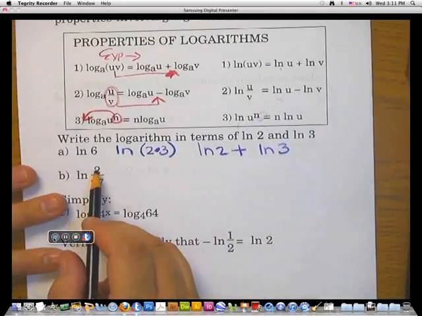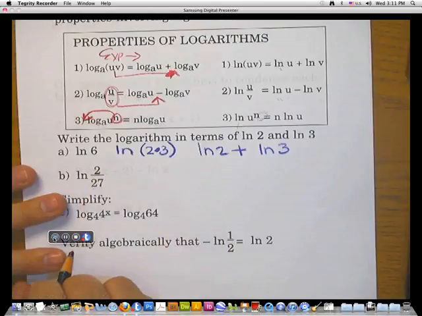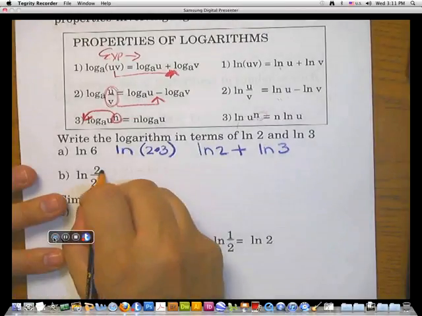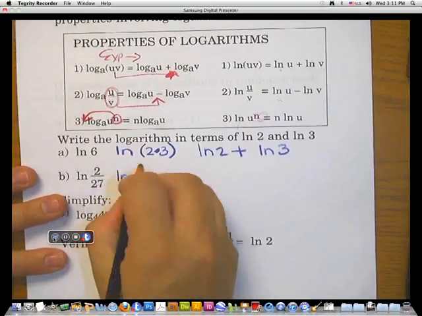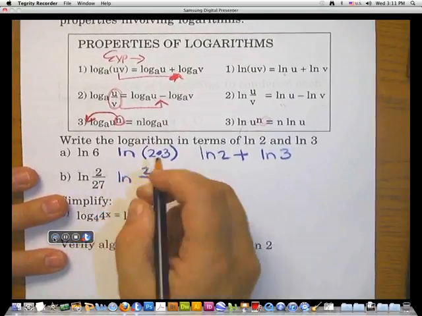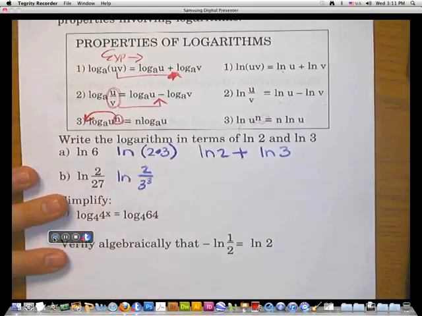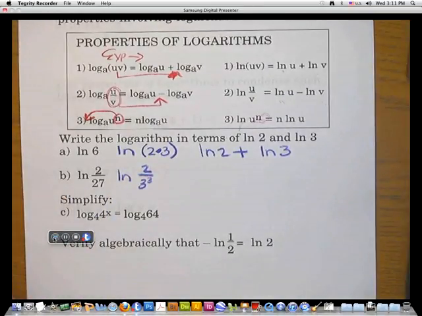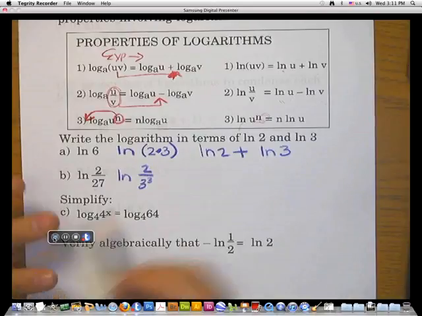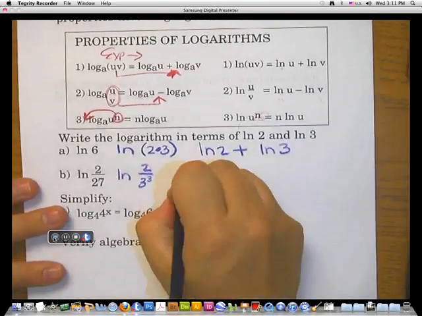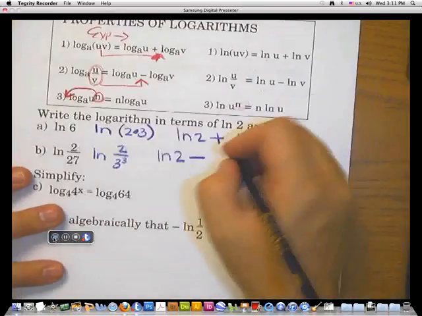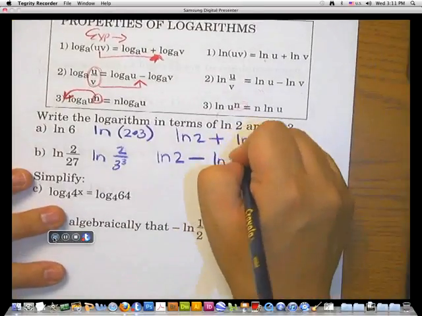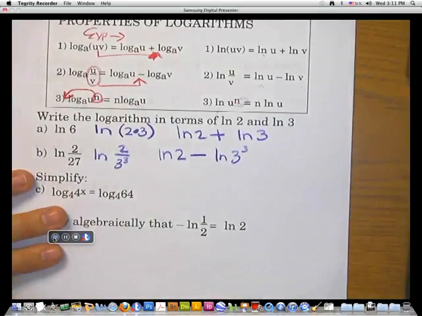Well, if it's 2 times 3, then I can separate them or expand it with addition. Here I have 2 divided by 27. Well, I already know what 2 is because it's given to me. So 27 I need to rewrite. Hopefully we should know that as 3 cubed. Because when I rewrite in terms of, it means I need to use those numbers. So if I have division, that's natural log of 2 subtract natural log of 3 cubed.